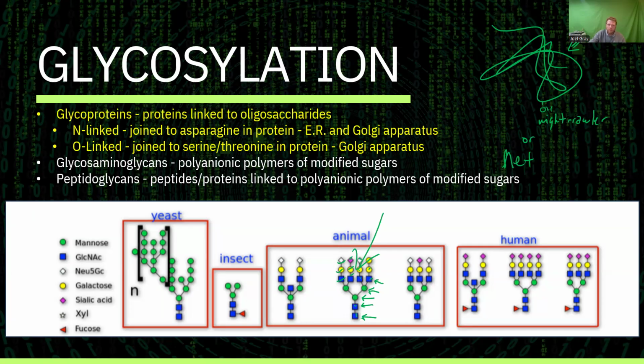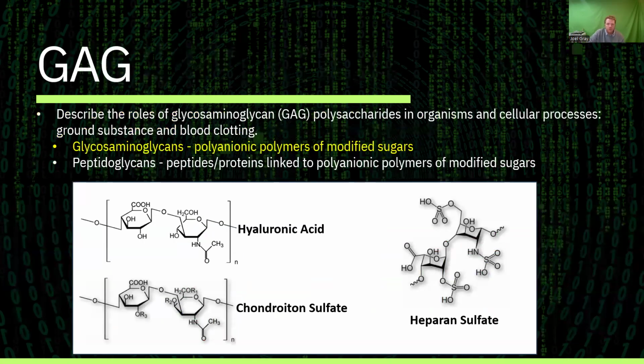So what I'm going to do now is we're going to switch gears, because this next bit, glycosaminoglycans, I'm not going to ask questions about that on your exam. If you're curious about it, you're more than welcome to look into this.